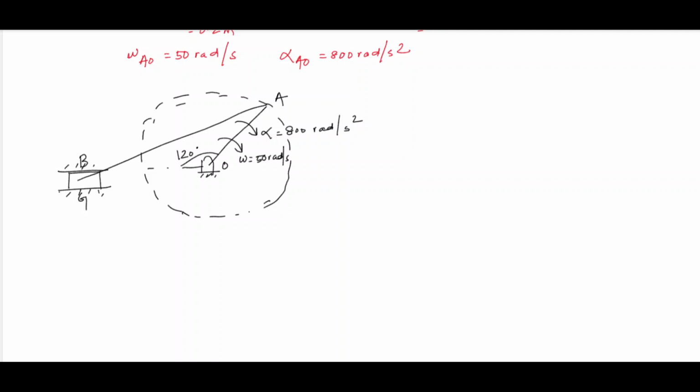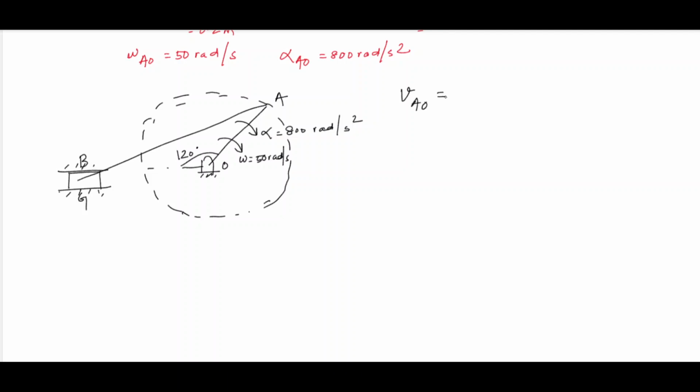When alpha is given, you have to find the tangential component, because a link has only a radial component of acceleration when it has a constant angular velocity, meaning if only omega is given, it will have only the radial component. But if alpha is also given, you have to find the tangential component also in order to find the total acceleration. Okay, so remember this.